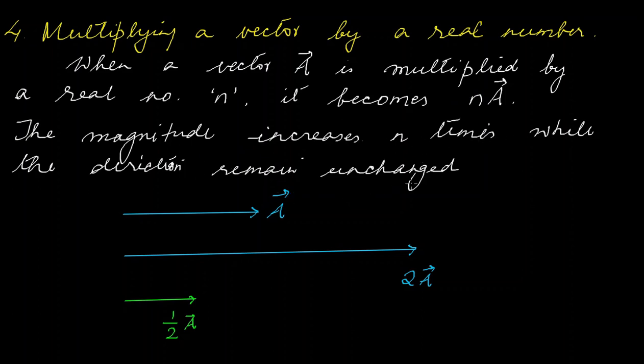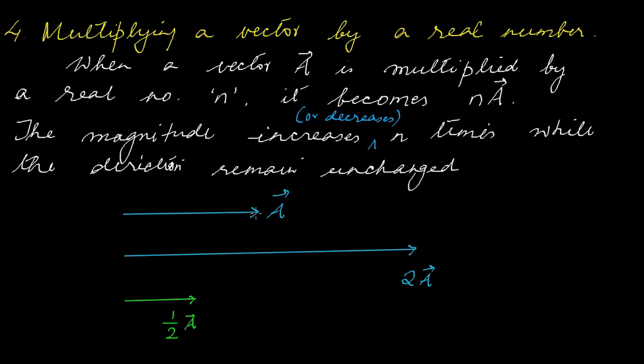It can increase or decrease n times depending on the value of n. If n is larger than 1, then it will increase. If n is smaller than 1, then it will decrease. But the direction remains unchanged. For example, let's say you have a vector a bar, and if I multiply it with the number 2, then only the length becomes twice the length. It becomes doubled. Can you see or not?